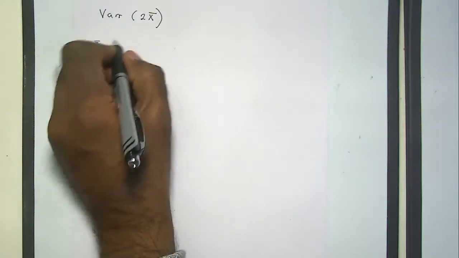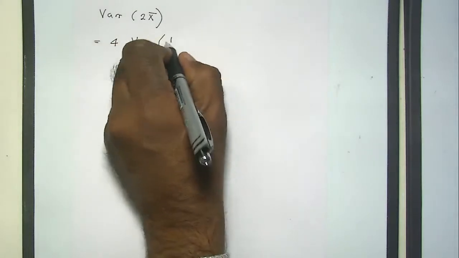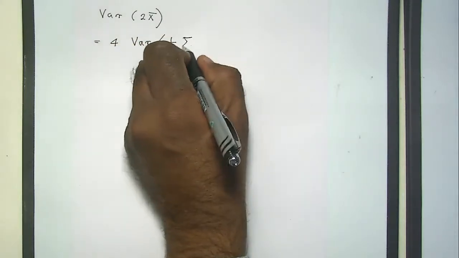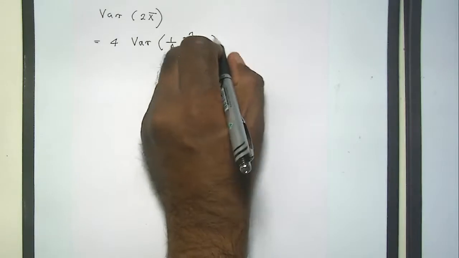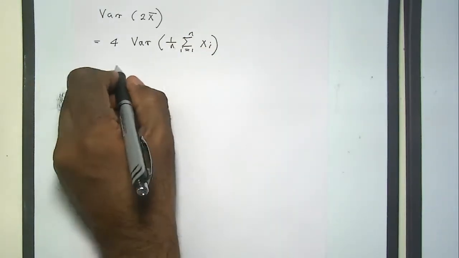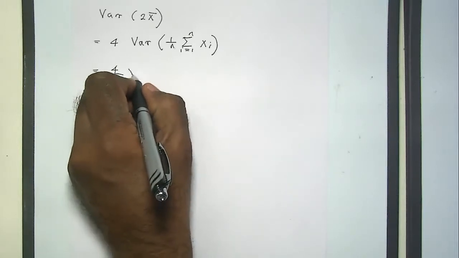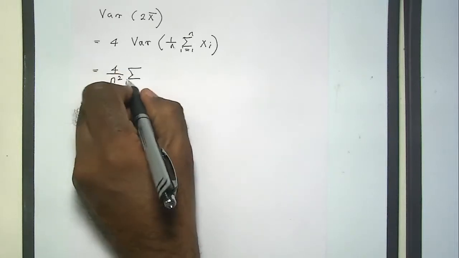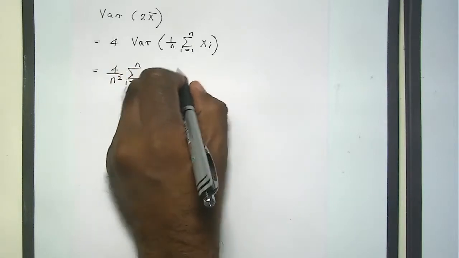So this is 4 times the variance of this, right? So this becomes 4 divided by n squared times the sum of the variance of xi.